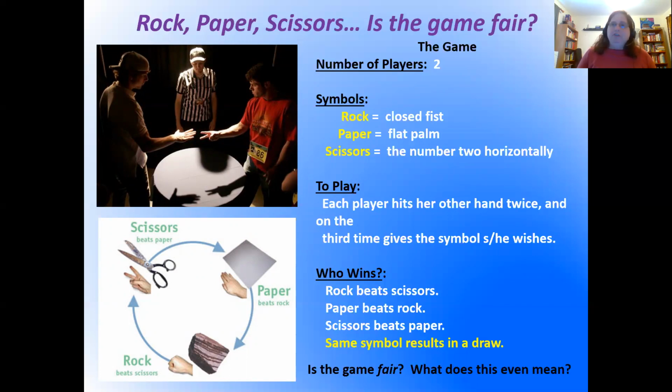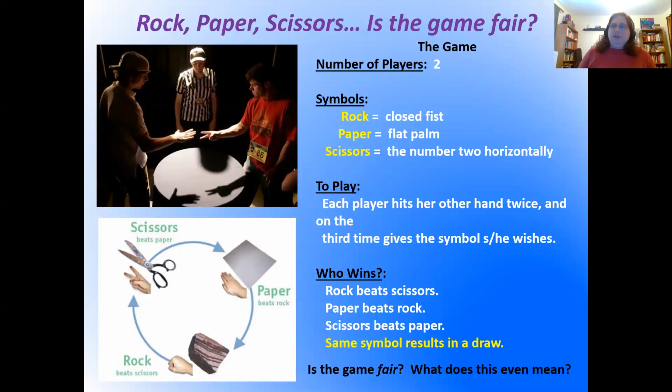You have 2 players, and you have 3 symbols. A rock, which is a closed fist. Paper, which is a flat palm, and scissors, which is the number 2 horizontally.